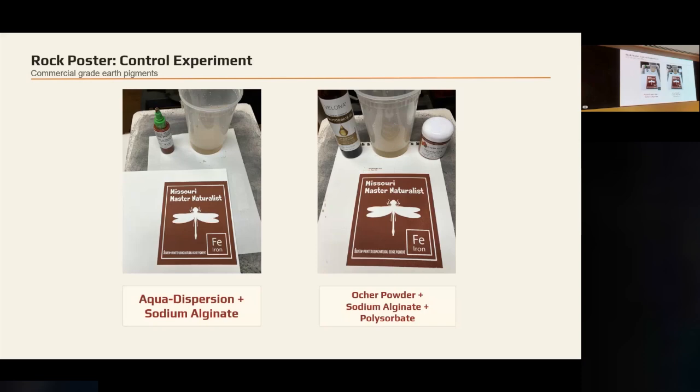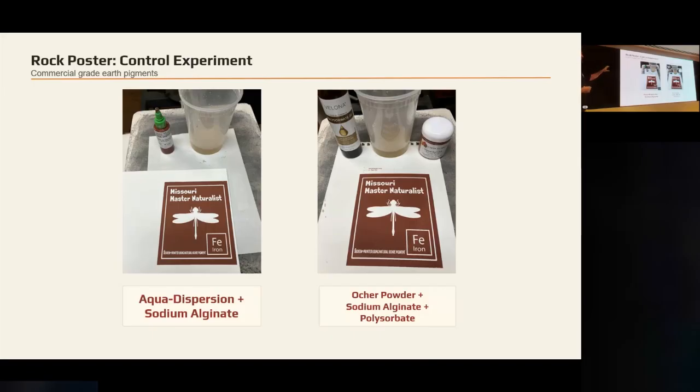And again, it does thicken very well, but it just doesn't disperse very well. The aqua dispersion, however, that was purchased as an aqua dispersion, has enough of a surfactant to allow it to blend well and disperse well in the medium. So I didn't give up on it at this stage yet. The next I tried was a dry version of a store-bought powder, just to go one step further.